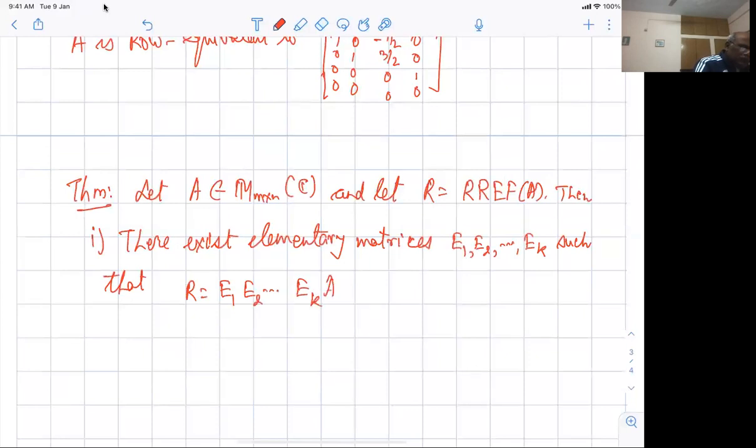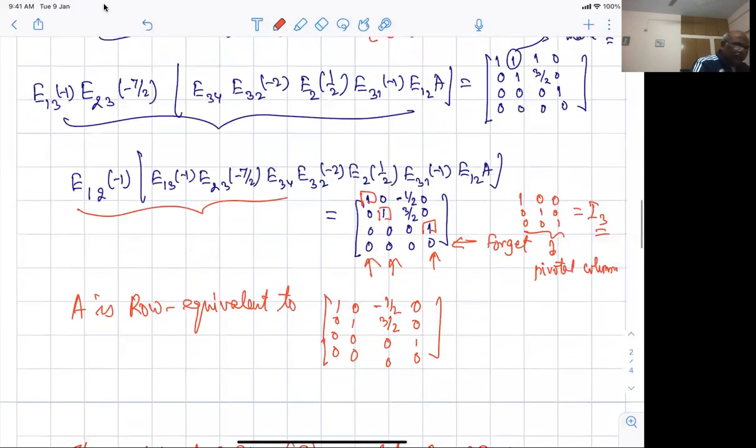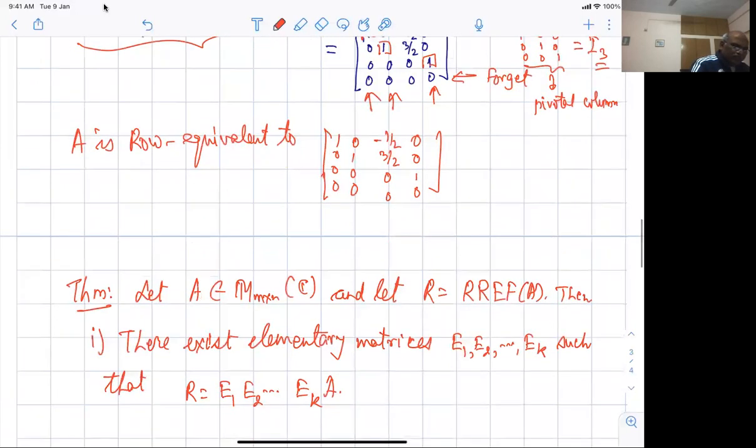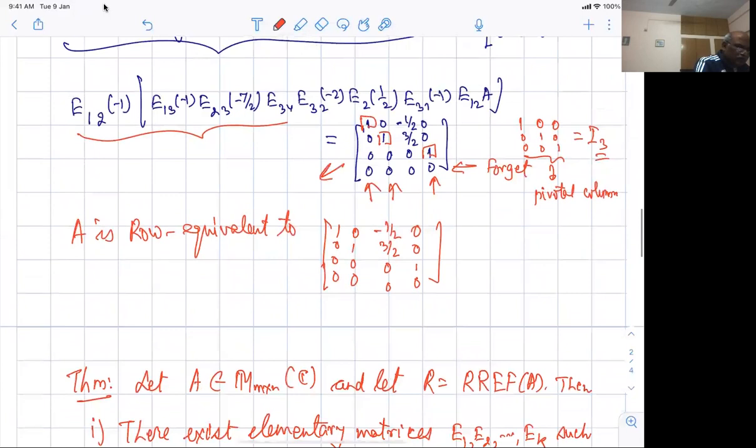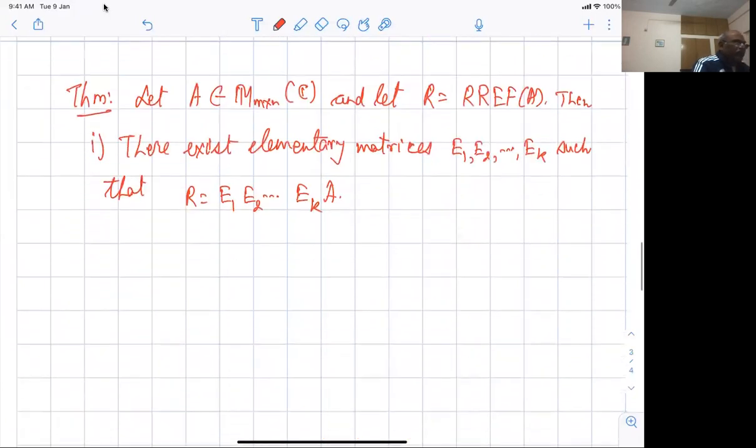up to EK times A. So here in this example, look at this notation, E1 is the last one. So this is your R, and this is E1, E2, E3, E4, E5, E6, E7, E8. We had 8 of them. So K is 8. Fine.